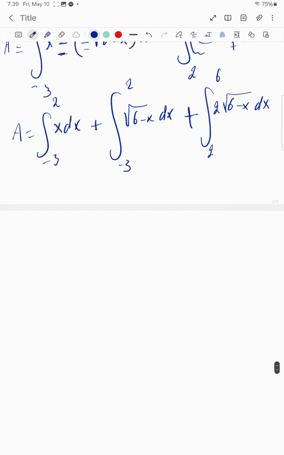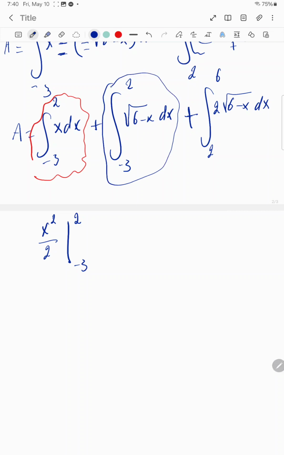Now, if you want to solve that, that will be easy. It becomes x squared divided by 2. I'm talking about this part here, between minus 3 and 2, and this part here, if you do it, it's easy now. You put 6 minus x to the power 1/2, and you take 6 minus x equal to u, and then it becomes u to the power 1/2, and then you add 1 and you divide by the same thing.